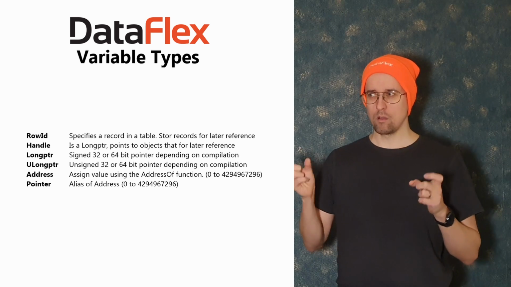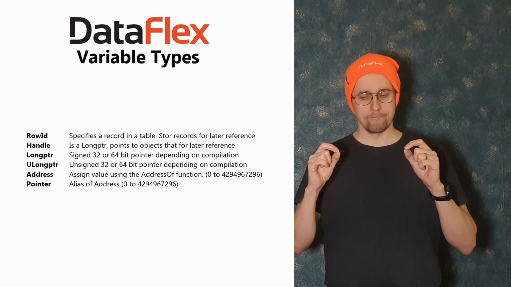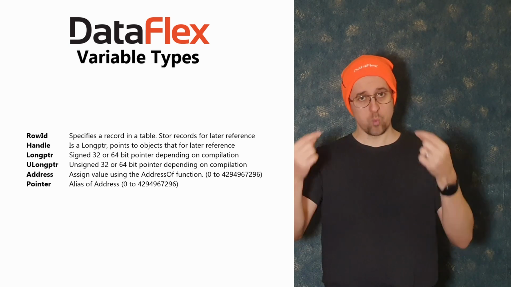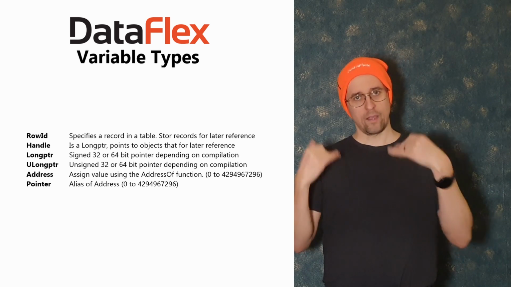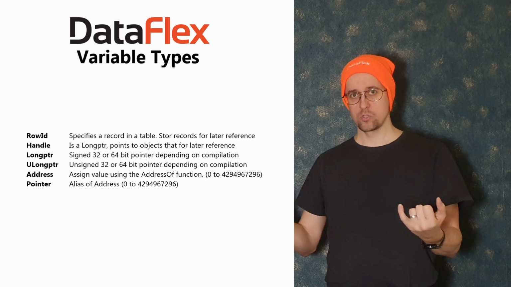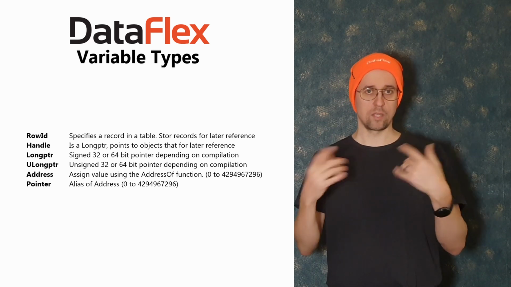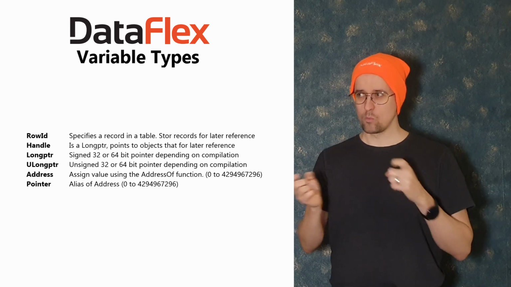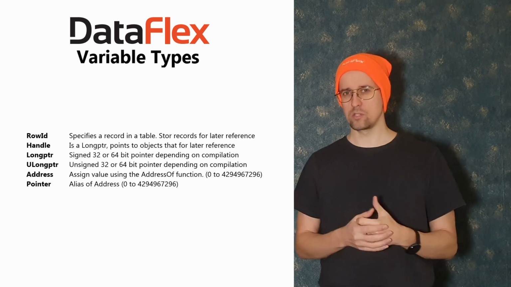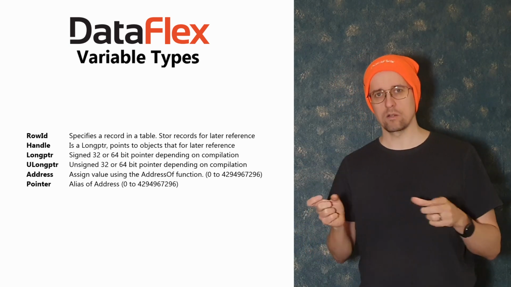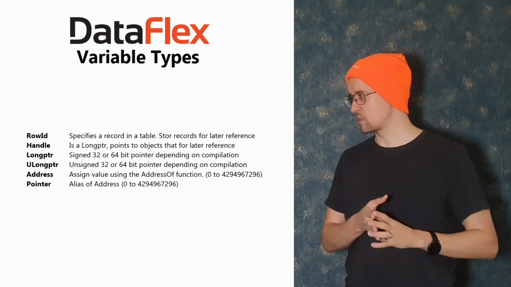So what's going on when you do a lookup is that you find one record at a time, and then you can store that record ID. Then you can find another record, and you can use the record ID to do a lookup for the old record ID to go get those values as well. So you can work with record IDs in different ways, and there are special functions in DataFlex just for managing record IDs. So you might want to look into those a little bit more.